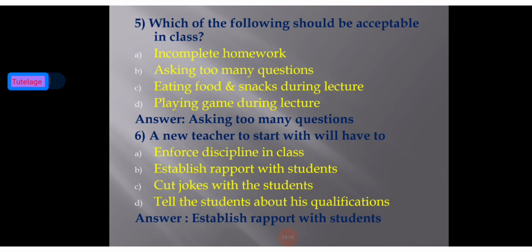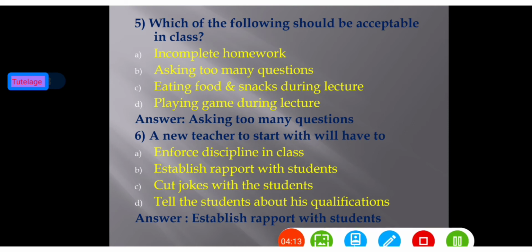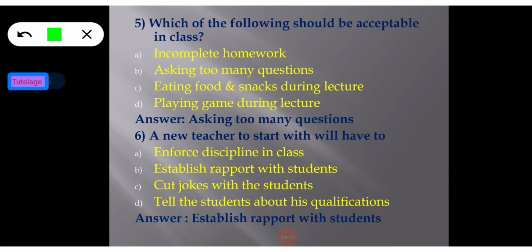So here we can see the fifth question. Which of the following should be acceptable in class? Incomplete homework, asking too many questions, eating food and snacks during lecture, and playing games during lecture. So obviously, incomplete homework, eating food and snacks during lecture, and playing games during lecture should not be acceptable in the classroom.